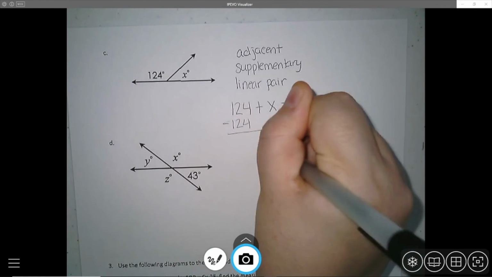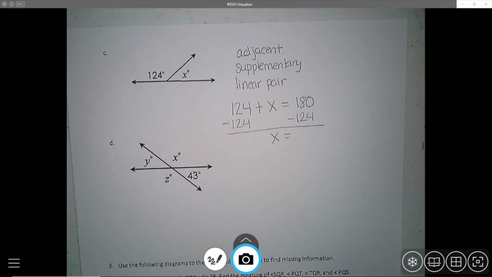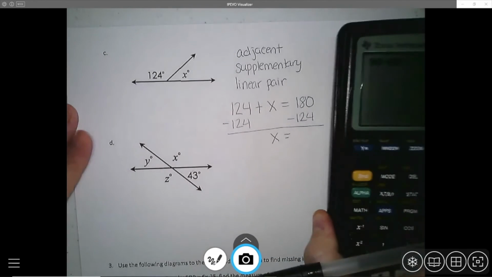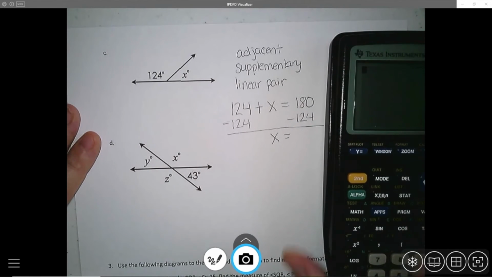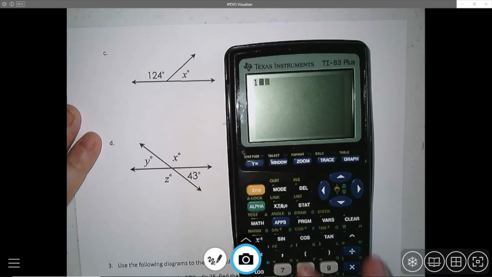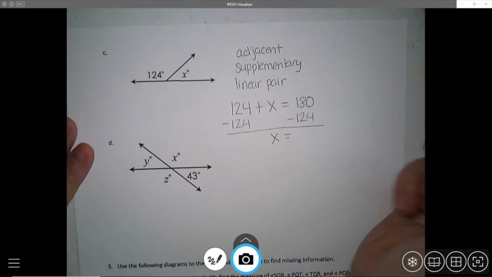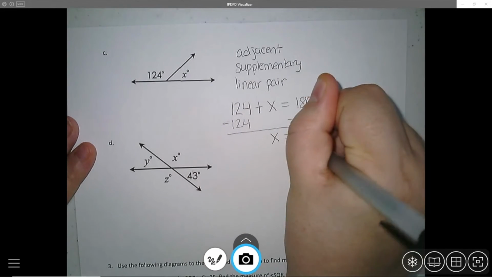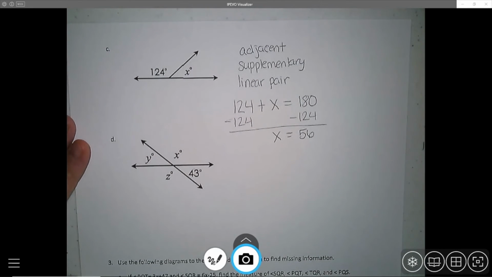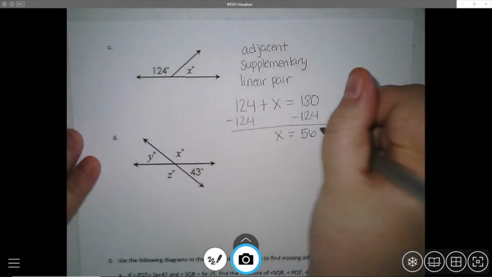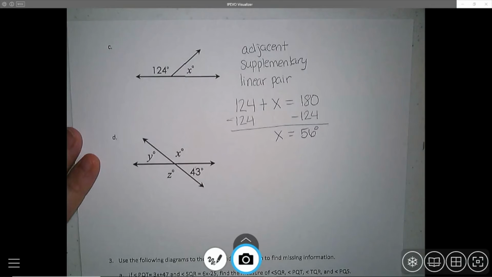And again, don't rely on your head unless you're comfortable with that. If you're comfortable subtracting all that, that's fine. You're given a calculator, and I know that it has to be 56. So x in this case is 56. And specifically if I want to know it's an angle, it's 56 degrees.